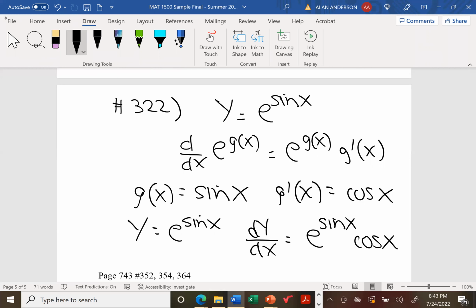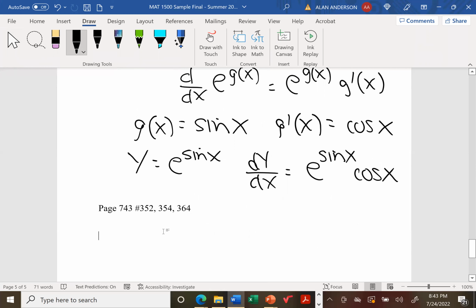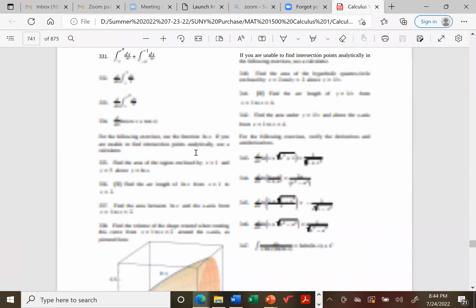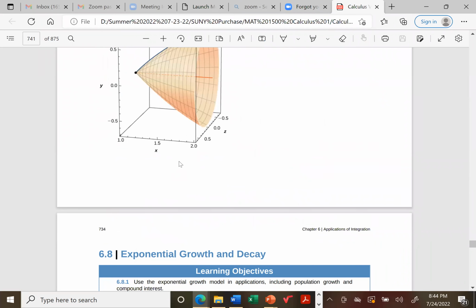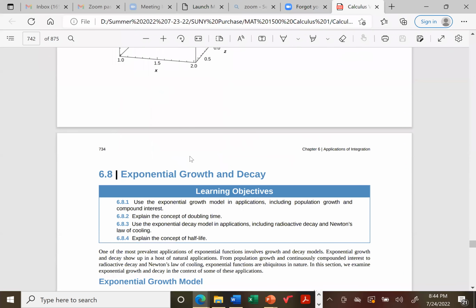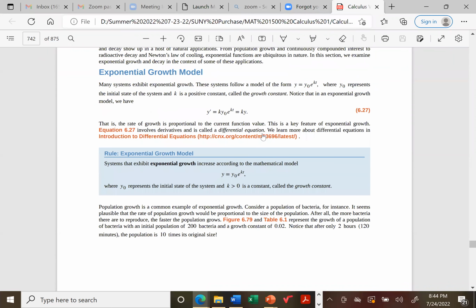All right. Now, we got a few more. Now, these next two are applications from chapter 6. Okay, chapter 6 has several applications in it. So for 352, ooh, some nice graphs here. This is, by the way, we're looking at this exponential growth and decay model here.